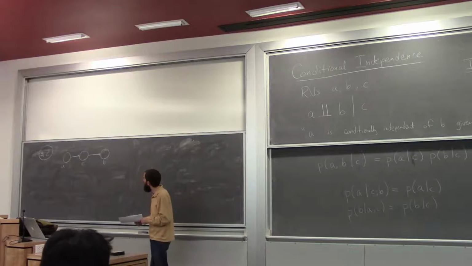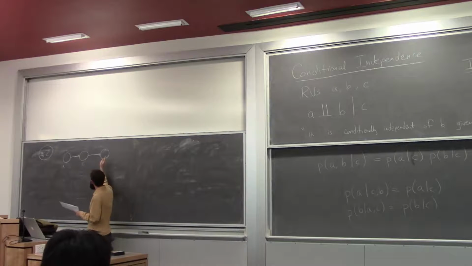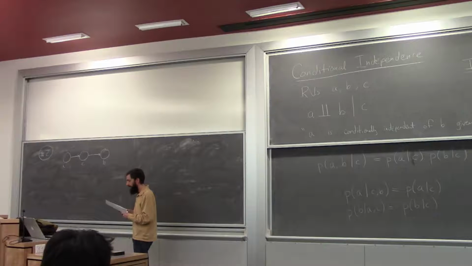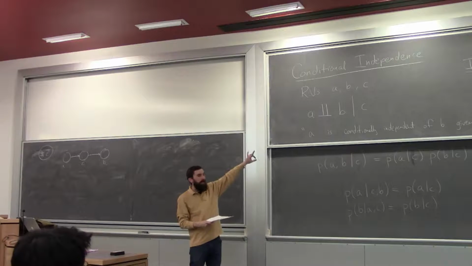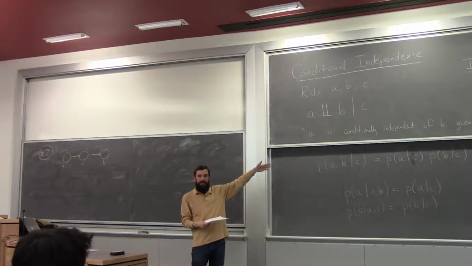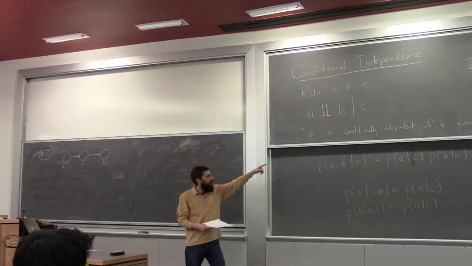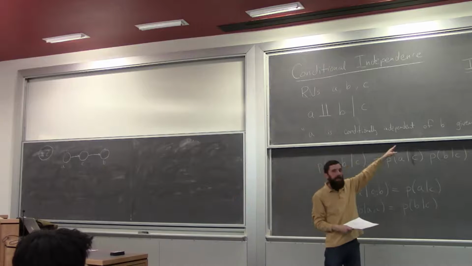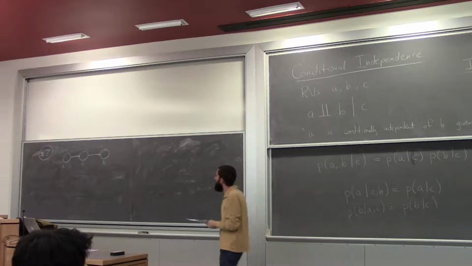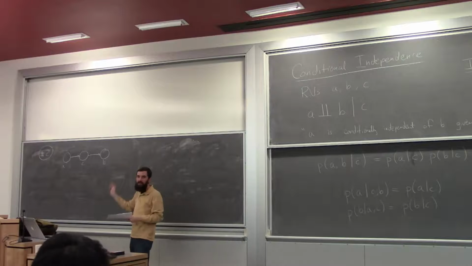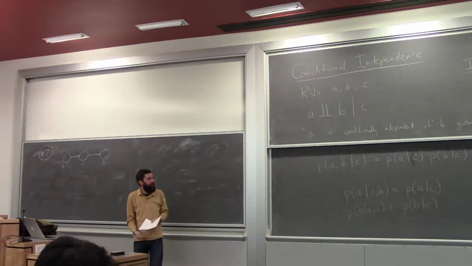So now I have a chain A, C, B. And same question, in this case, are A and B conditionally independent given C? And another question, are A and B independent with no observed value for C? That's the difference of shading in C or not.